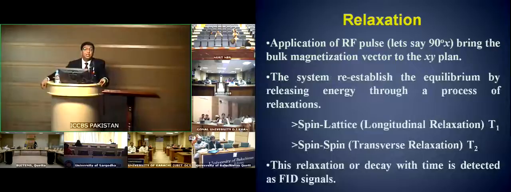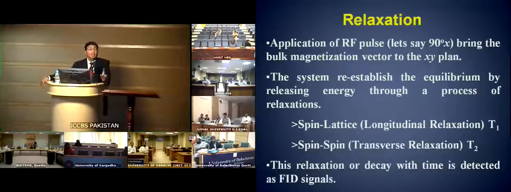Everything else around it will become the sink for absorbing energy as soon as it becomes in resonance with the hydrogen or with the spin. So, spin lattice relaxation: energy is going into the environment, which is the major way of relaxation, but not the only way of relaxation.